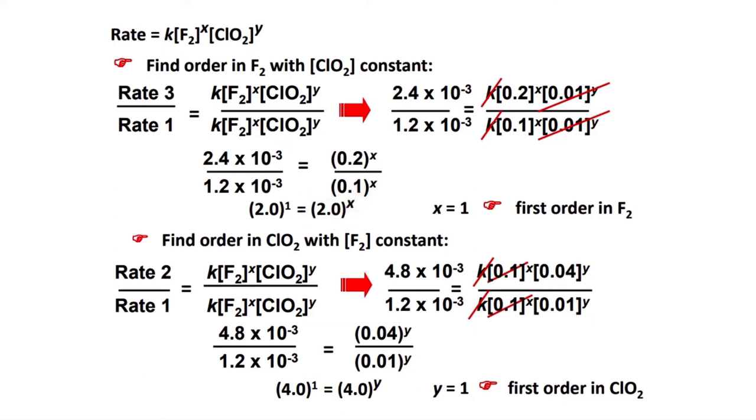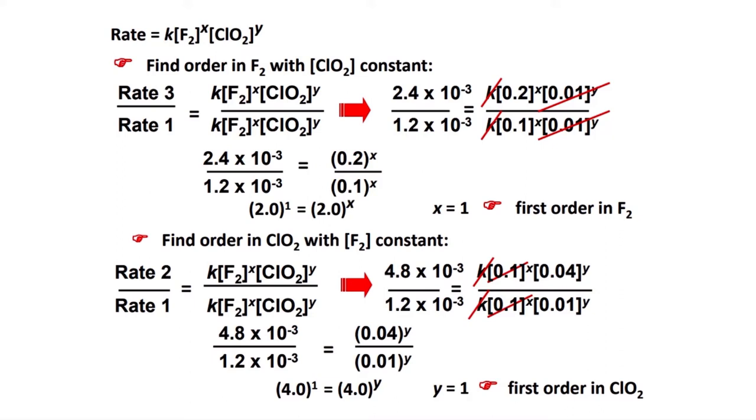So from there, you should get about the same values. And then you can conclude that x is equal to 1. So you get the order of reaction with respect to F2. So F2 is first order.